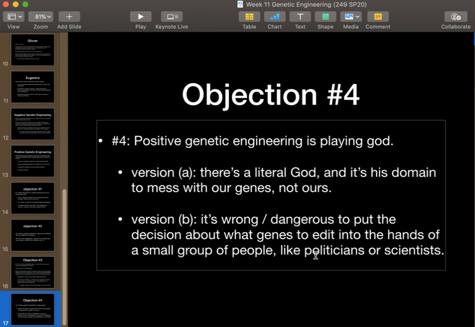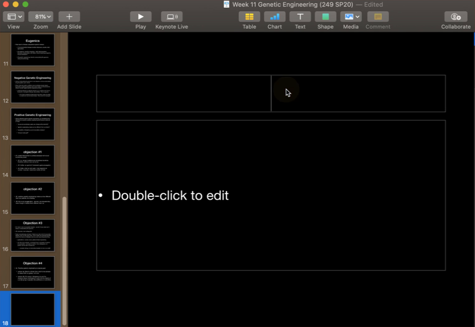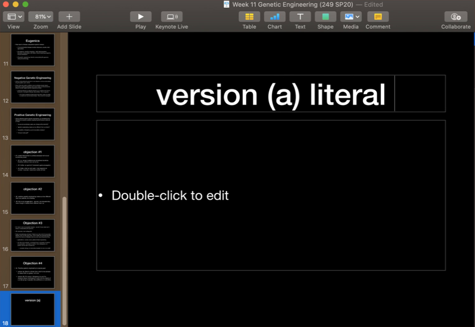Okay? So they're saying, oh my God, it's playing God in the sense of like, we shouldn't let Trump's administration decide what genes we get and what genes we don't get. So that's a second objection. All right, so I'm going to go to the next slide and have one slide for each of these. Okay? So the version A, kind of the literal God.